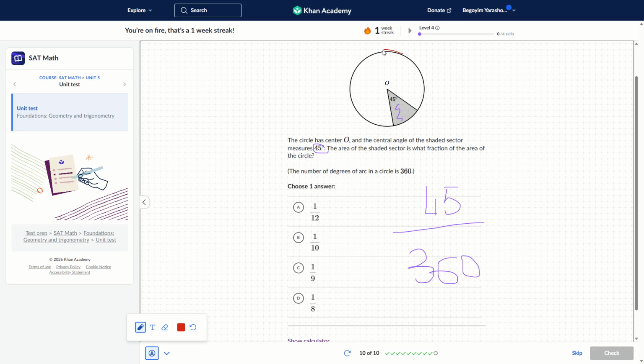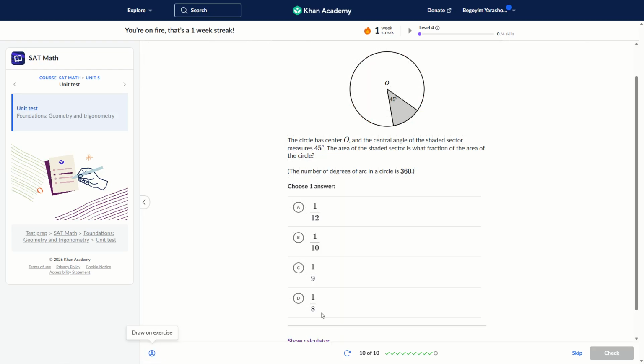The reason is that the whole area of this circle corresponds to 360. So to find the fraction, we need to make a fraction. If we divide by 45, we get 1/8, which is D.